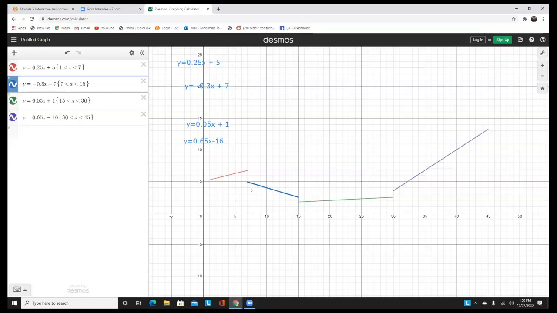But then, it first has a positive rate of change, it switches to a negative rate of change, it switches into positive rate of change, but it's not as drastic in the green subinterval. The rate of change there is not as drastic as it was initially.